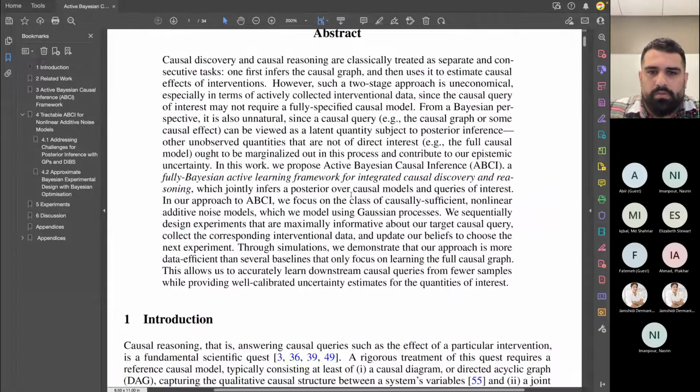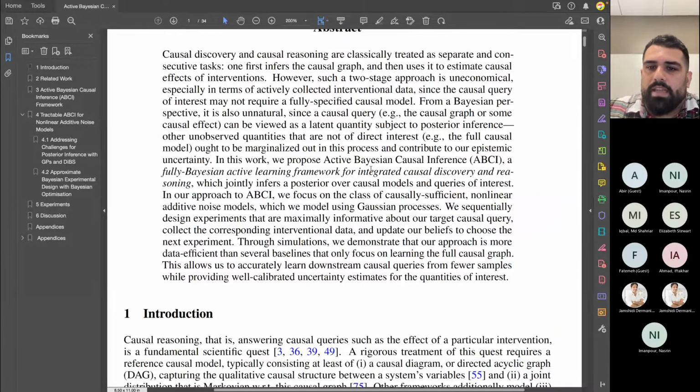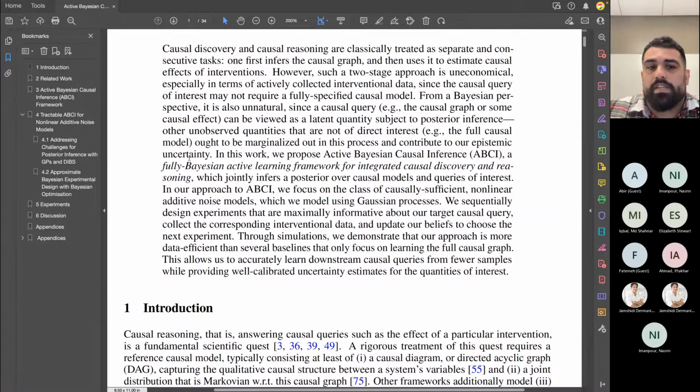To get us started, they call their algorithm ABCI, Active Bayesian Causal Inference, which, as they describe it, is a fully Bayesian active learning framework for integrated causal discovery and reasoning. In their approach, they use a class of causally sufficient nonlinear additive noise models, for which they use Gaussian processes.